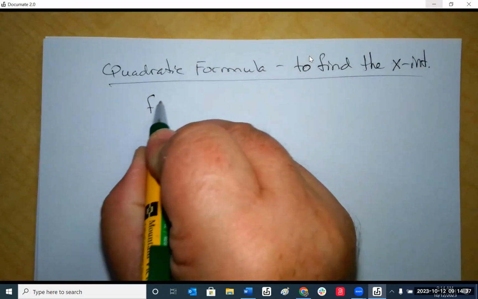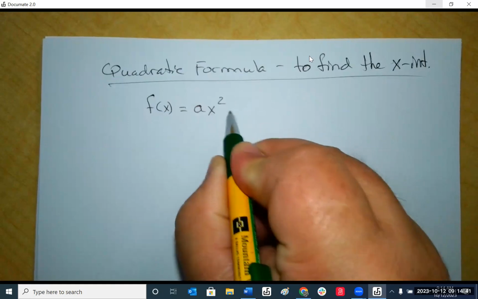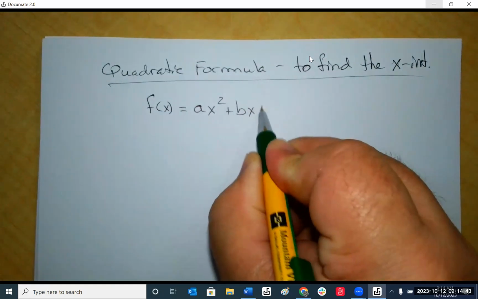The quadratic formula works best if you're in standard form.